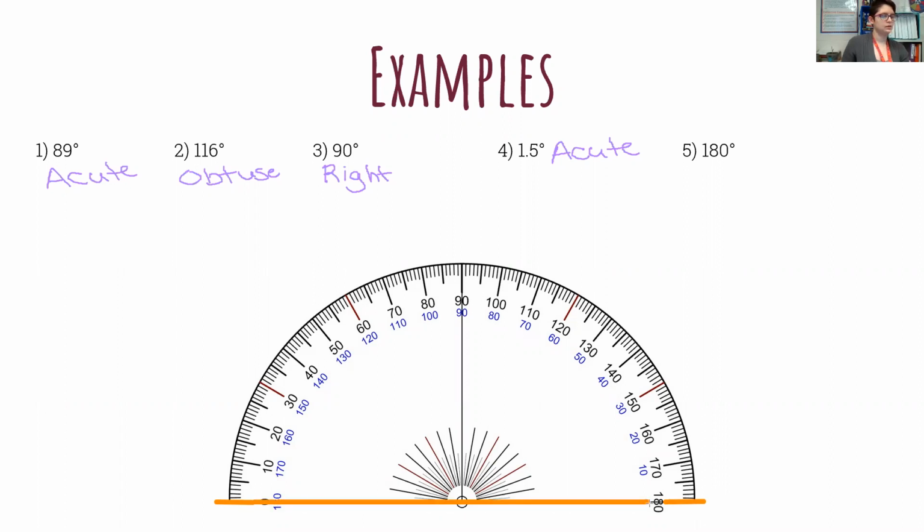And so let's connect that, put our vertex in the middle. And we can see that this angle lies flat, like a line. And that's why this is called a straight angle. It makes a straight line.